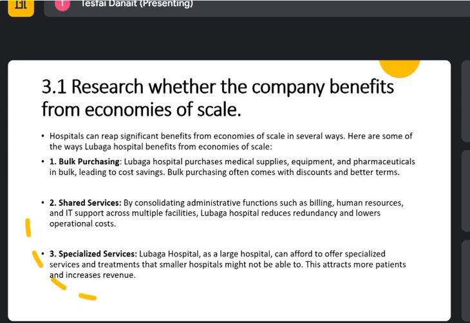And then another strategy that it uses is negotiating power. It negotiates with different suppliers or other stakeholders, which leads it to more favorable terms and rates for the different services and medical supplies that it gets. Also, improved efficiency through employee training.